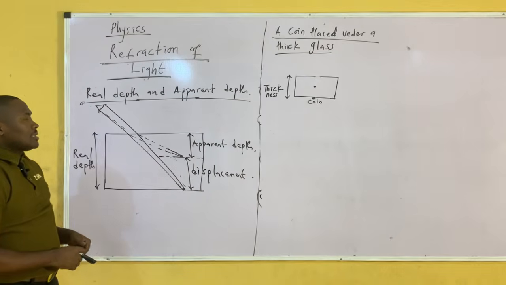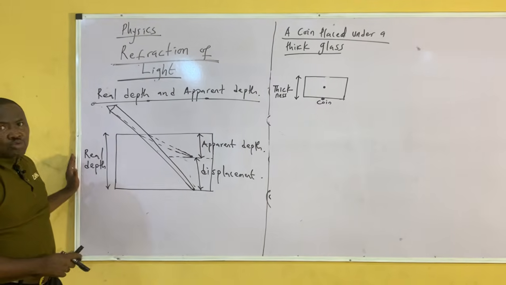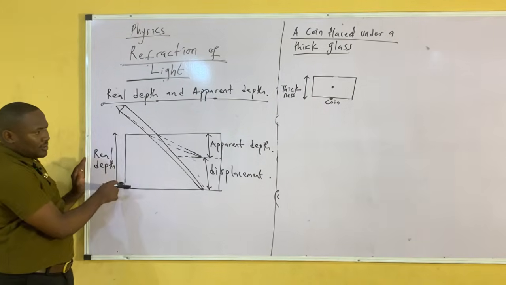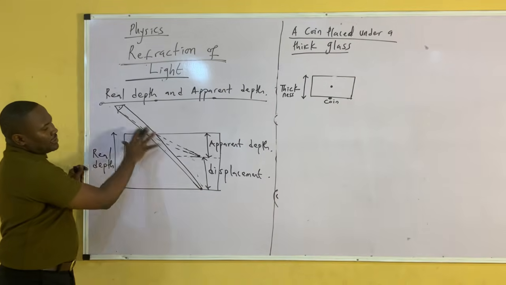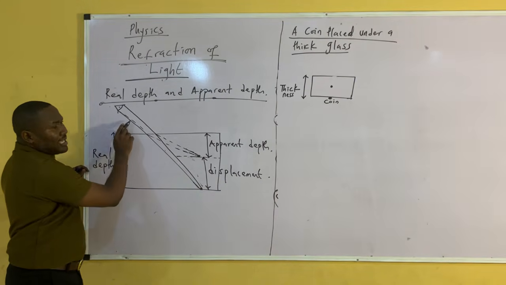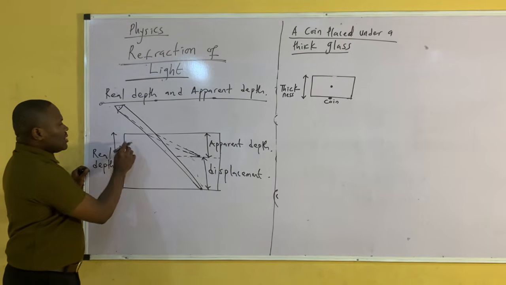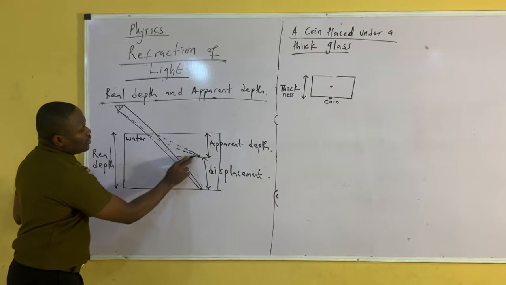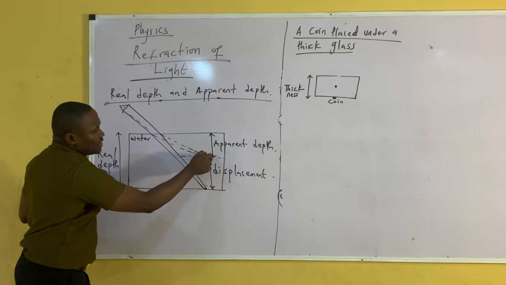Now let's look at what we call real depth and apparent depth. Let's imagine a pool has a real depth from the top to the bottom. But for someone viewing the depth, the moment the light rays from the eye come in contact with the water, there is a bending of the light rays that makes the depth appear shallow.